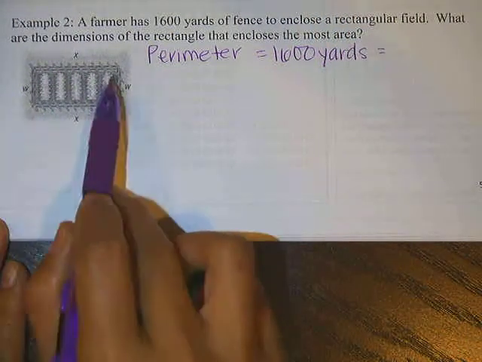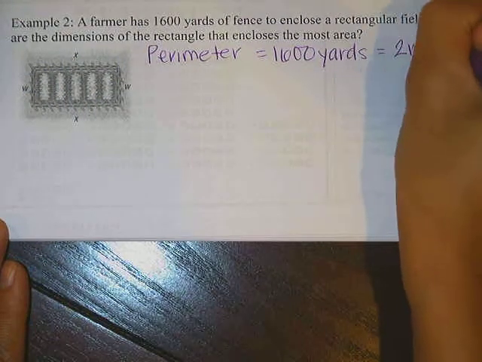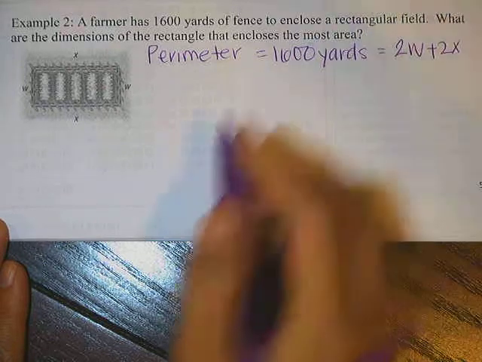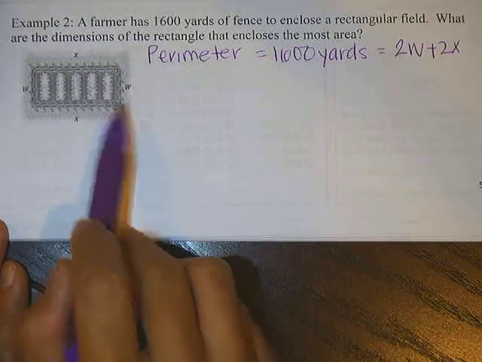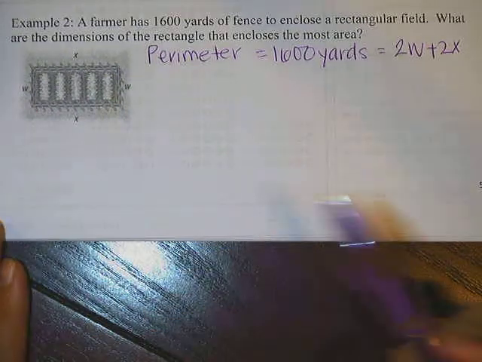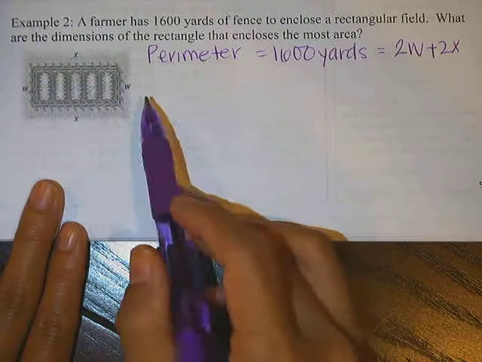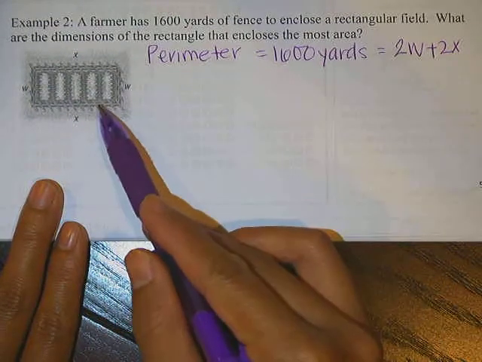So I'm going to have 2w plus 2x. It's kind of like 2 base plus 2 height, or 2 base plus 2 length. In this case they're using x and w. But I'm not really interested in the perimeter.